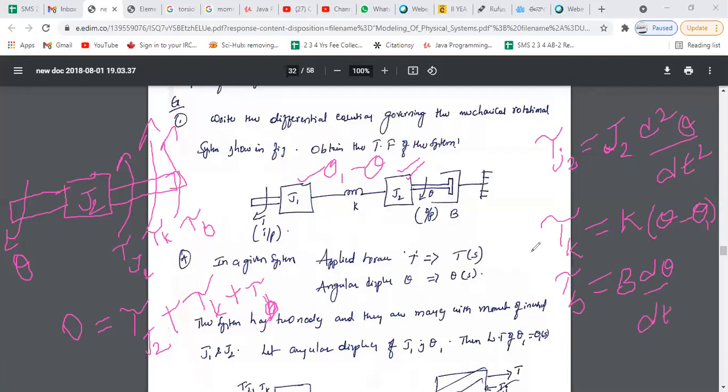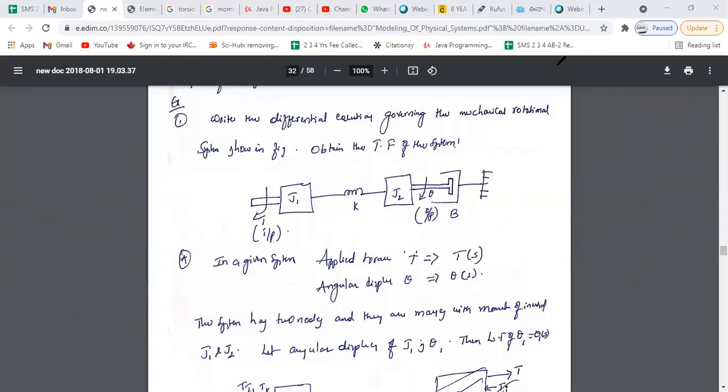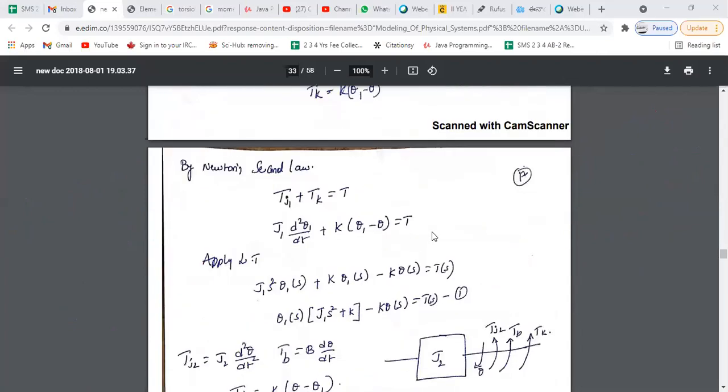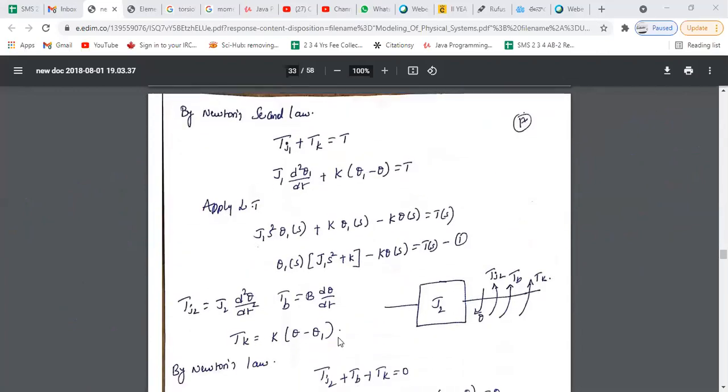So we have to substitute these three torque balance equations in the Newton's second law of motion equation. That's what I did here. If you observe this, this is the differential equation representing the system, the first differential equation. So we are converting into algebraic equations by applying Laplace transform.